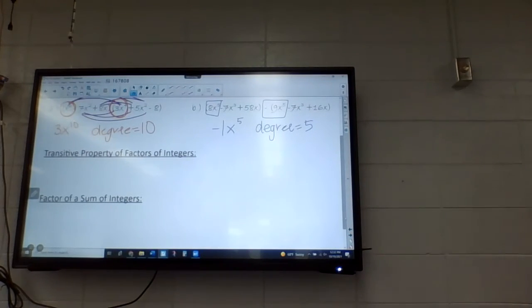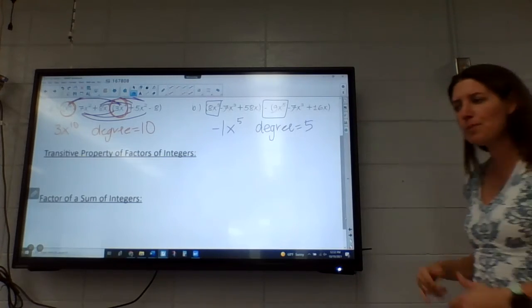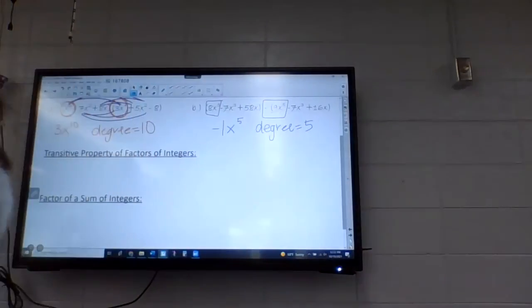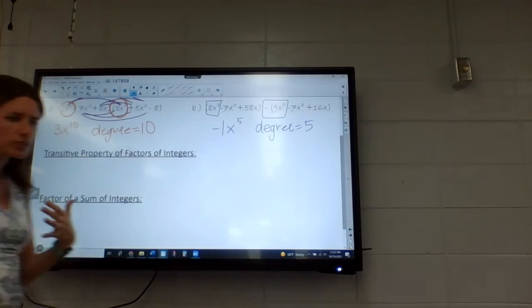All right, so there's a couple of properties we're going to talk about with factors. Being able to rattle these properties off word for word is not something I'm going to make you do, but being comfortable that this idea works is important to know.